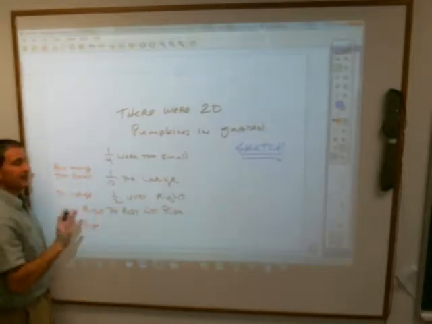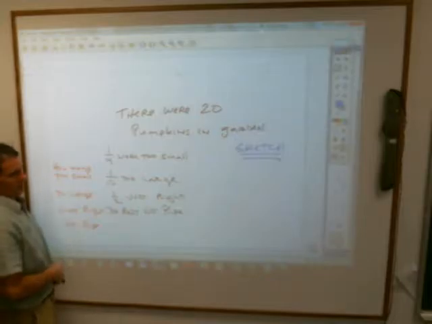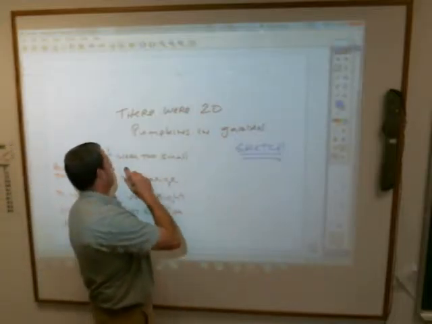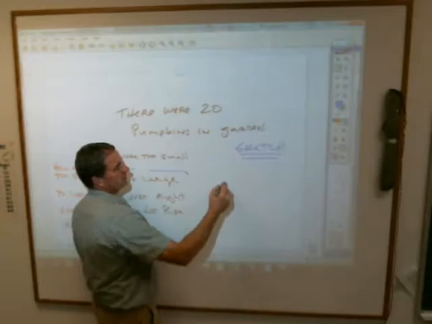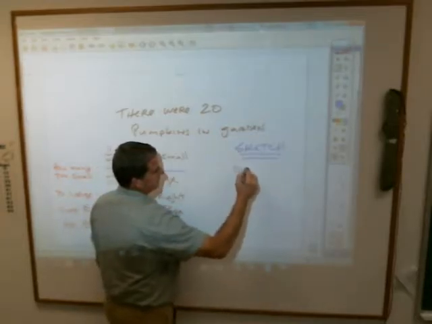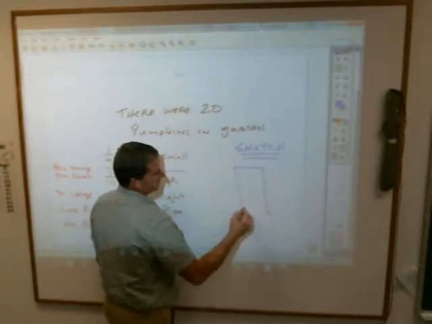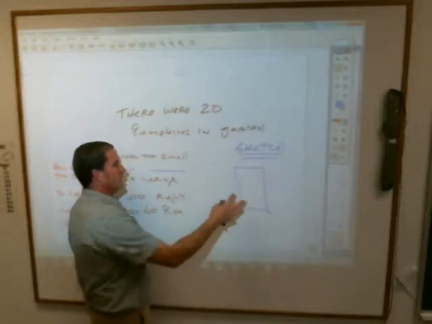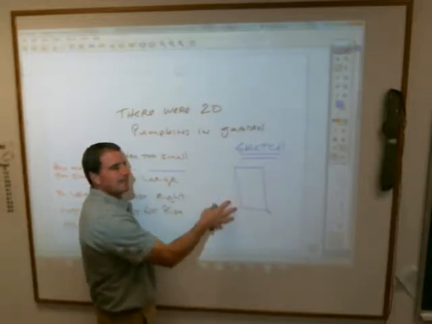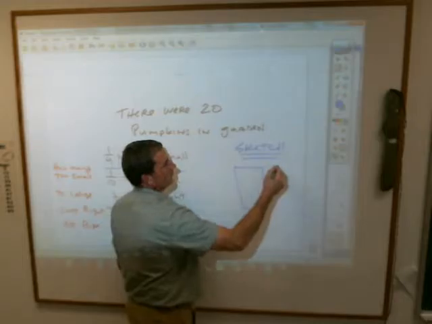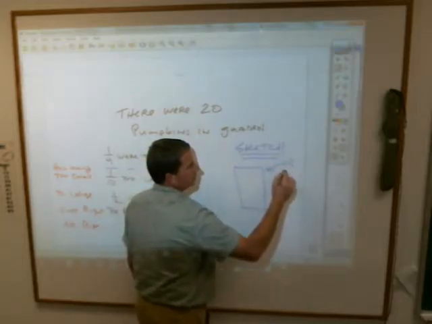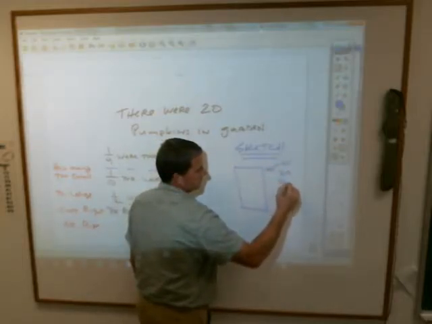You're going to draw, I know fractions people like to draw circles, but we're going to actually draw rectangles for our fractions. Okay, so for this first one, to find out how many were too small, I draw a rectangle. What does this rectangle stand for? This rectangle stands for all of my pumpkins. All 20 pumpkins.